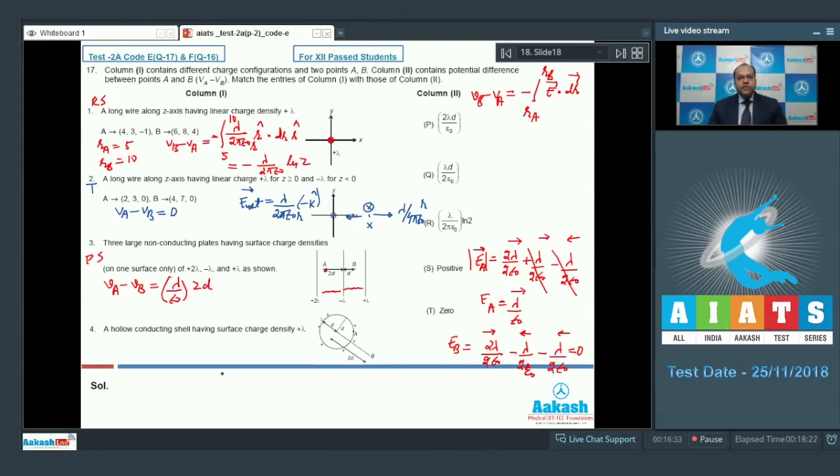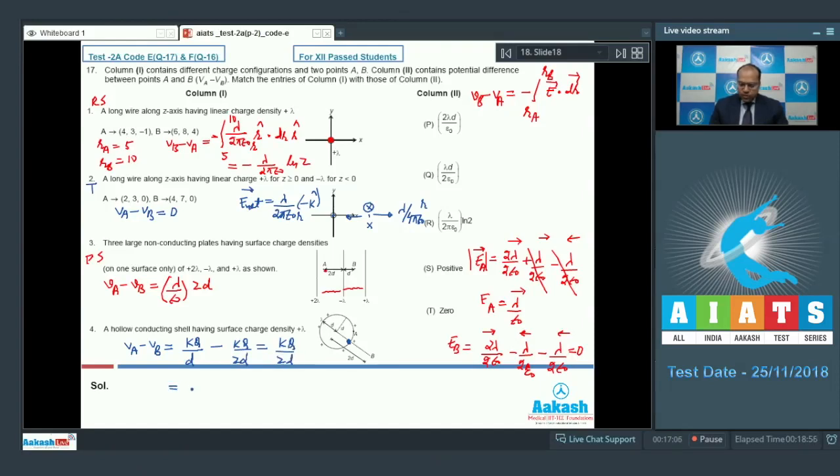Let's move to entry 4. A hollow conducting shell having surface charge density plus λ. So VA minus VB in this case can be written as, so the potential at this point is KQ by D because it is at the surface, minus KQ by 2D. So it is equal to KQ by 2D.